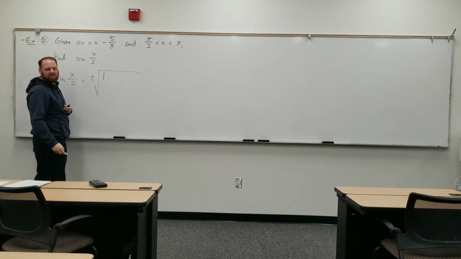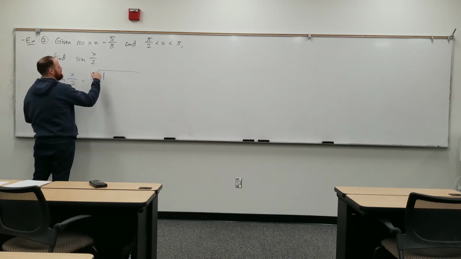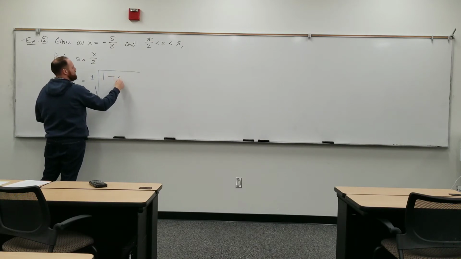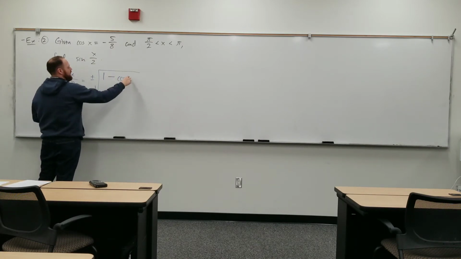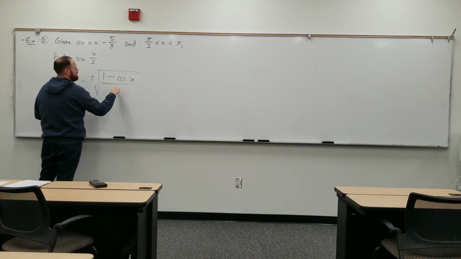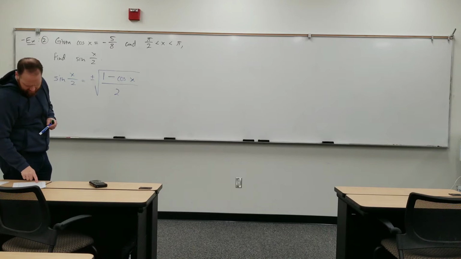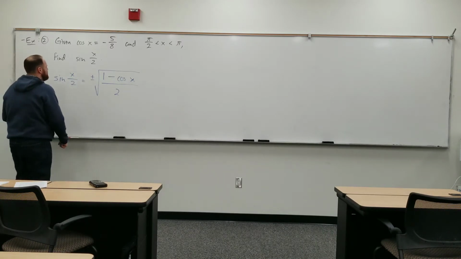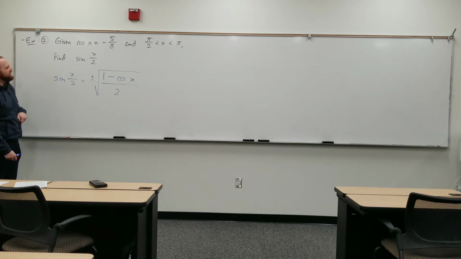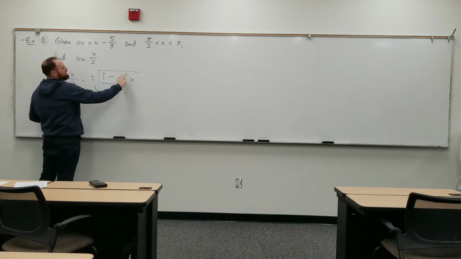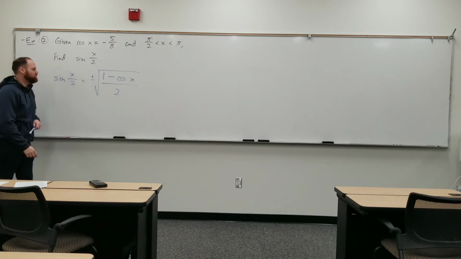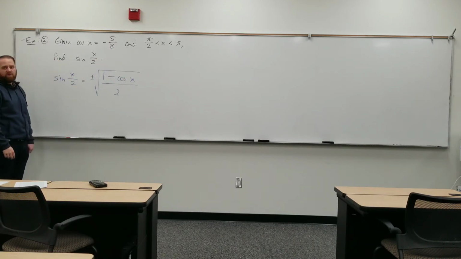I always forget if it's plus or minus, but I think the half angle identity for sine has a minus. Let me double check. Yep, 1 minus cosine. So there's our identity, and we already know that cosine x is -5/8, so we're set up and ready to finish tackling this.